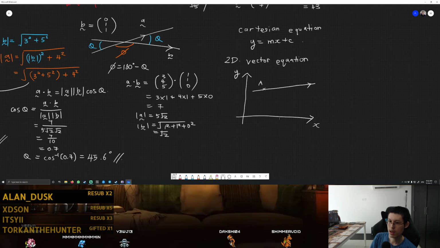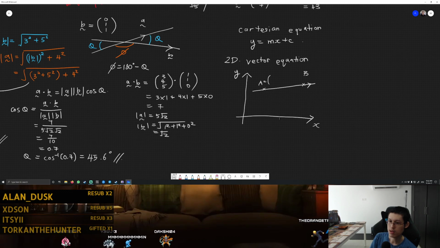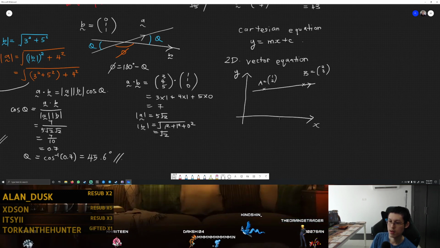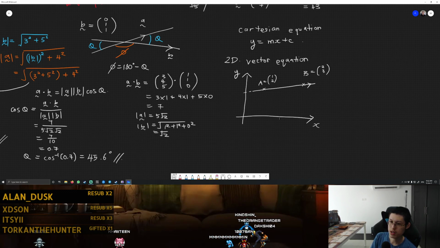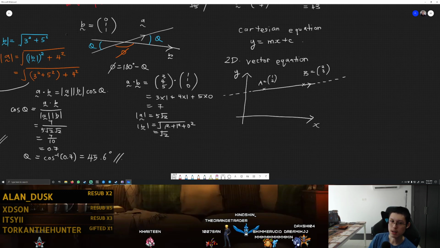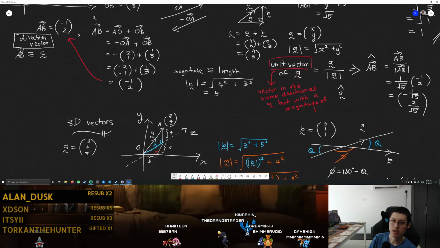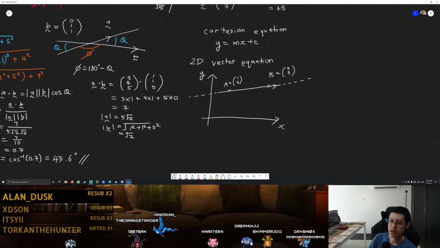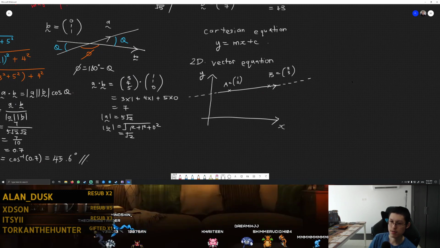It passes through point A and point B. Let's say point A is 1, 2 and point B is 2, 3. So this line extends in both directions, and it goes on forever. It's an infinitely long line. It's not like the AB over here. This AB is a finite line, but this is an infinitely long line that stretches in both directions.